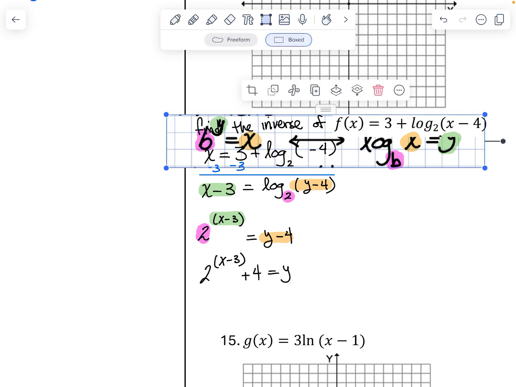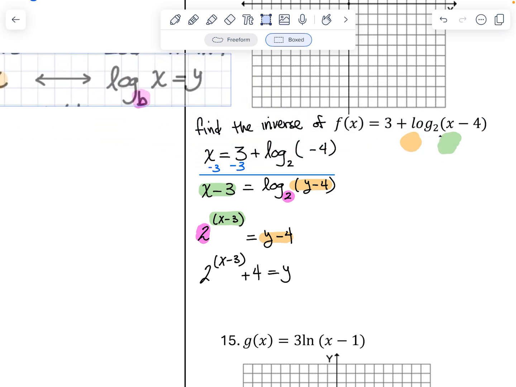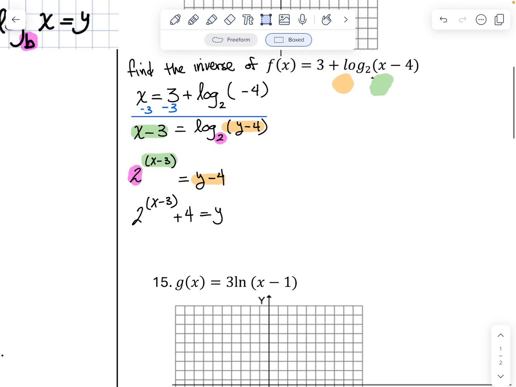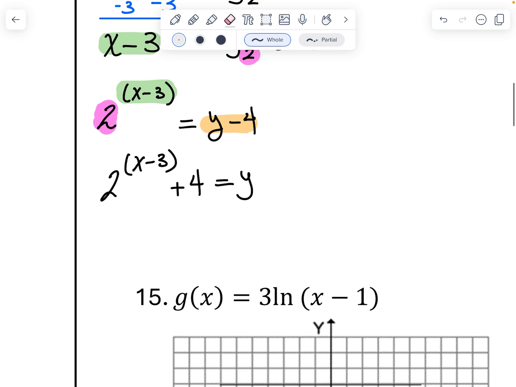I'm going to move this out of the way for the moment. So now that we have that, we have a horizontal asymptote of y equals 4.